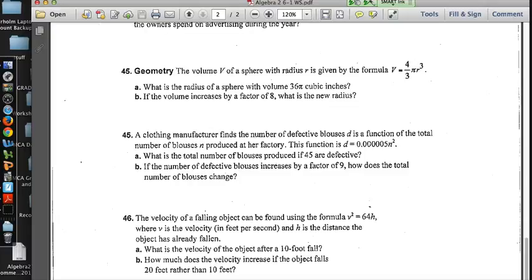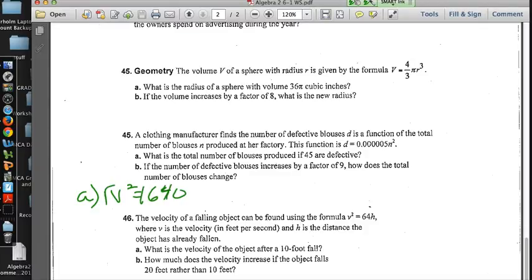It says the velocity of a falling object can be found using the formula v squared equals 64h, where v is the velocity in feet per second, and h is the distance the object has already fallen. So for A, we are supposed to figure out what the velocity is if the object has been dropped 10 feet, a 10-foot fall. So v squared equals 64 times 10, which is 640.